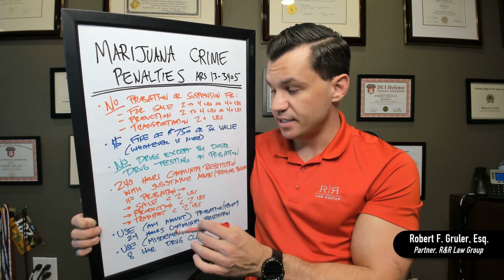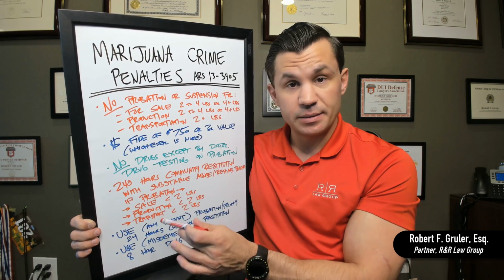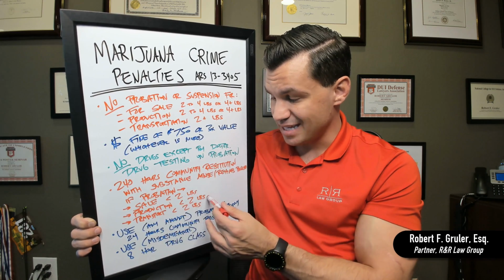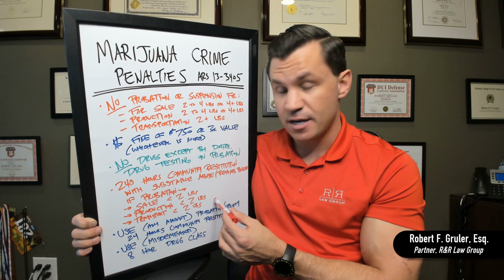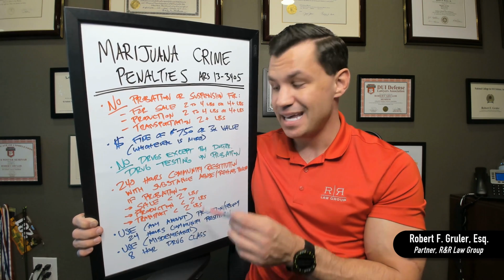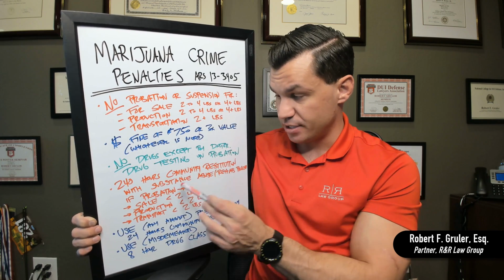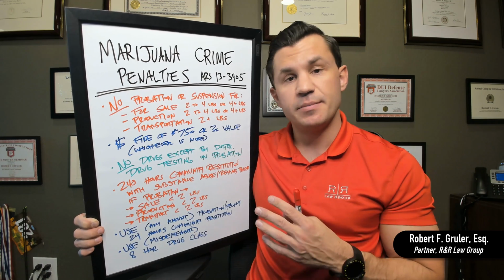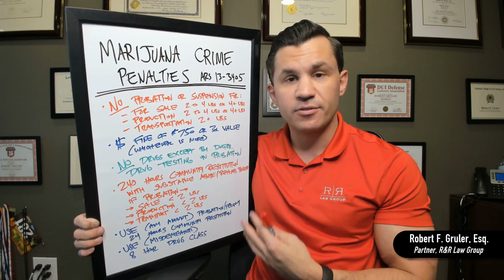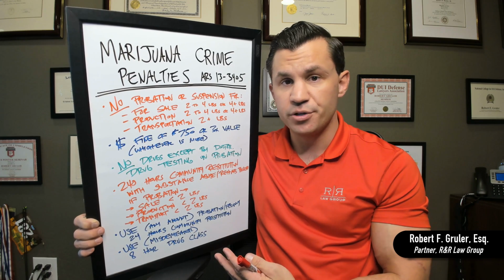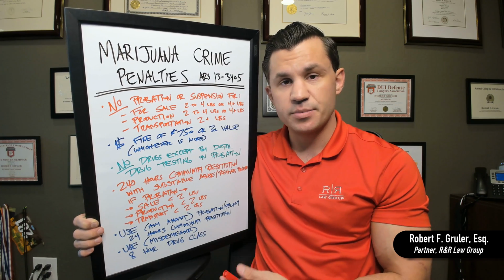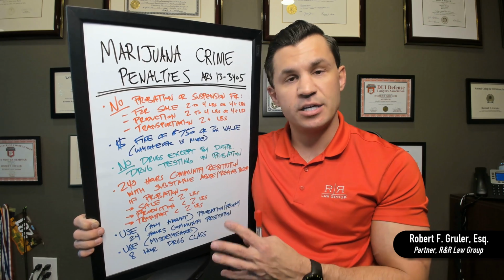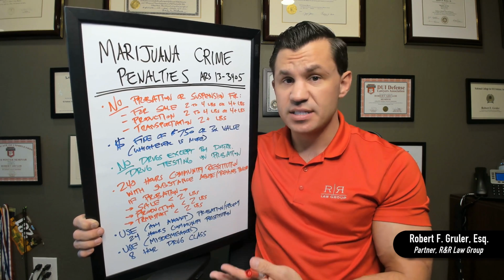If you are convicted of possession of marijuana for sale, less than 2 pounds, production less than 2 pounds, or transportation less than 2 pounds, and the court grants you probation, you are going to have to do 240 hours of community restitution. That means you're going to have to comply with whatever the probation department or the court orders in terms of going to counseling, substance abuse screening, and doing 240 hours of restitution with a program that's geared more towards drugs. And that's obviously a lot of time.